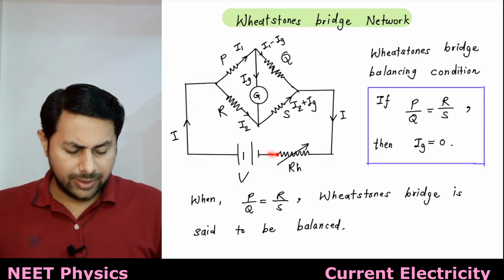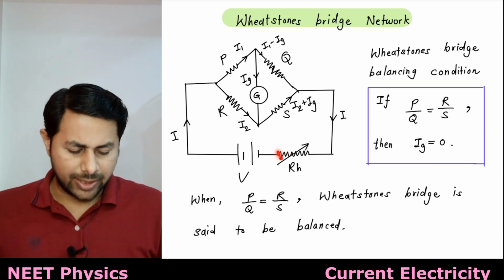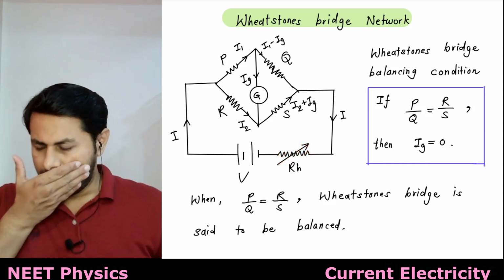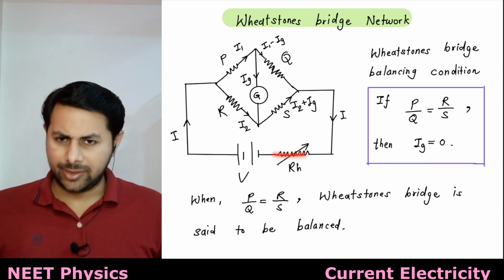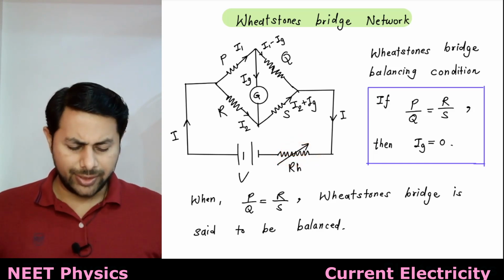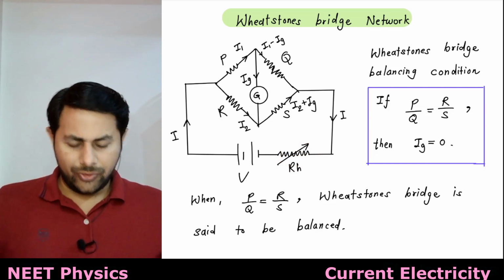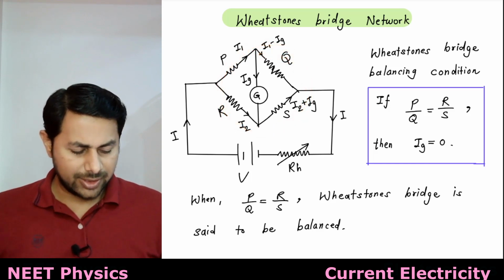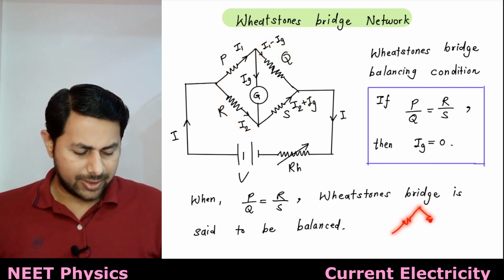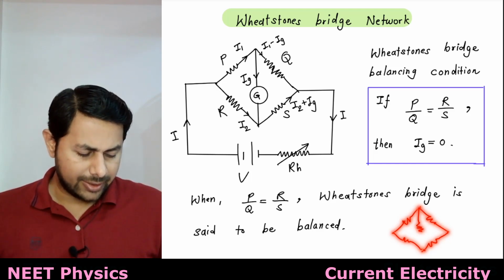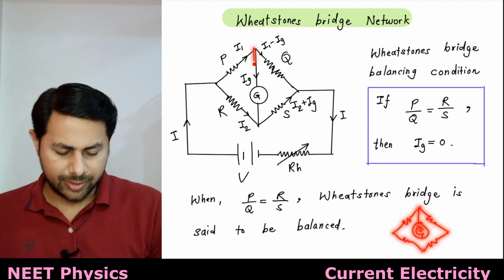And to control the current you connect a variable resistance, it is known as a rheostat. So the circuit looks like this. There are 4 resistances connected in this manner, and then there is a galvanometer in this branch.